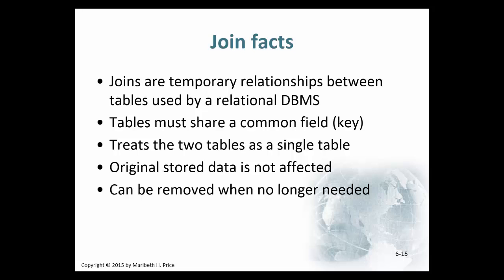Joins are temporary relationships stored in databases or map documents. They have a common join field, often called a key. The join combines the two tables together without affecting the original tables.